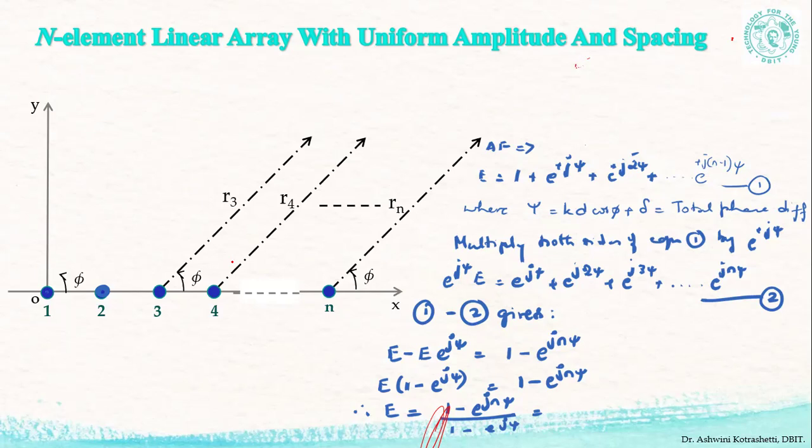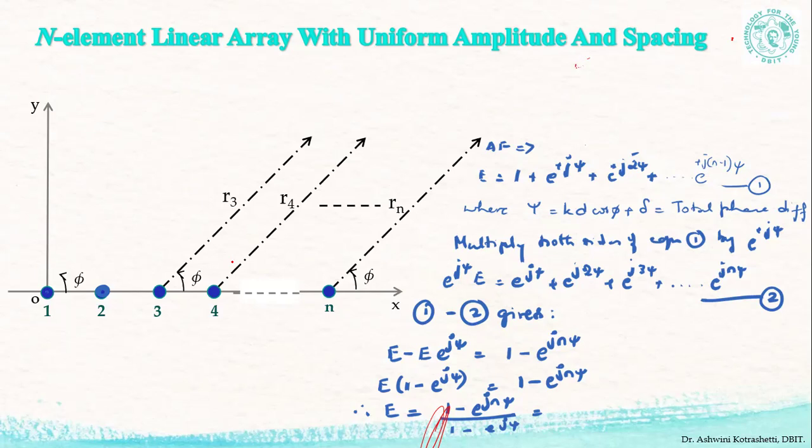So the derivation goes like this. The electric field is the sum of element 1, that is the first one at the origin. Then the second one is shown as e^(j psi). The third one is e^(j2 psi), and so on till the nth element, which will be e^(j(n minus 1) psi). You are able to see? Yes, ma'am. Those on the meeting will be able to see. Okay.